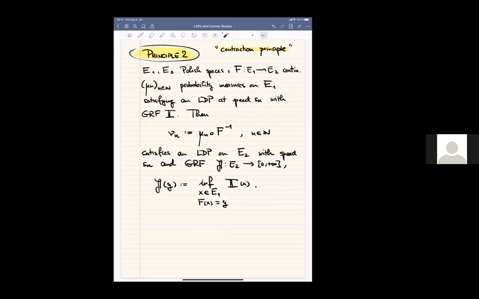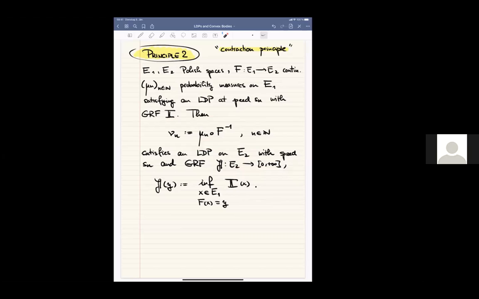You look at the push forward, which is mu n after f to the minus 1. And this push forward then also satisfies an LDP on the space E2 now with the same speed. And the good rate function that you get on E2 is as follows.